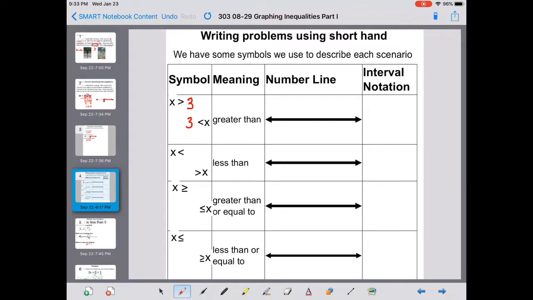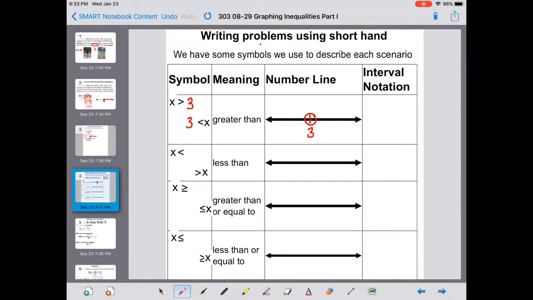We're going to use the number 3 as a number to work with while we're doing this. So the first that we have is x is greater than 3. We're going to write this same thing on our number line. So we'll draw 3 onto our number line. And then we're going to put a circle around the spot on the number line where the 3 goes.